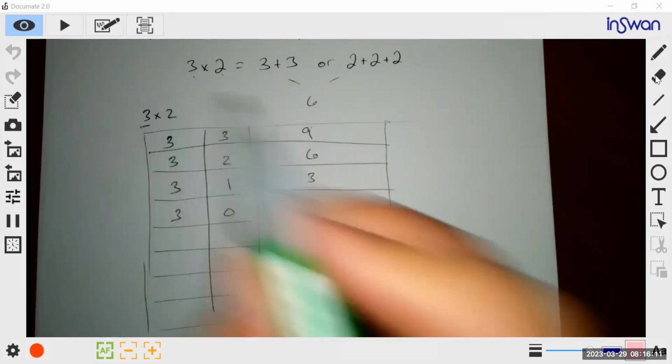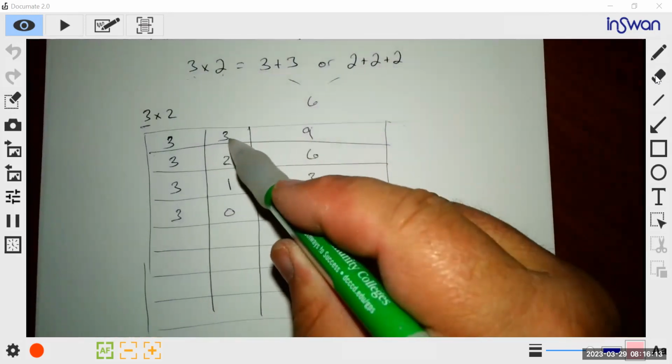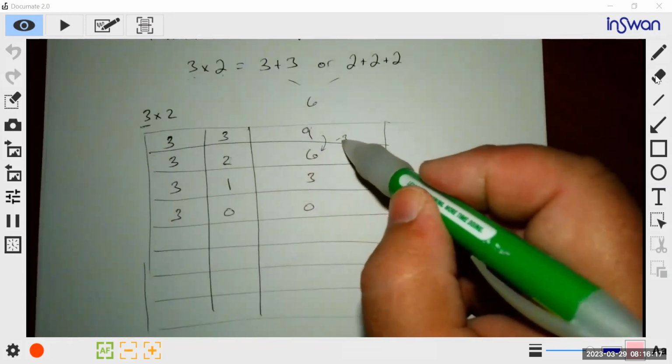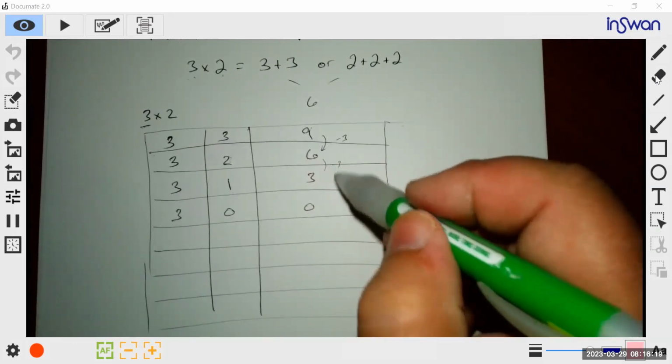But we're multiplying by 3. So what do we notice? That as each of these numbers get smaller, this is changing by 3. It's subtracting 3.